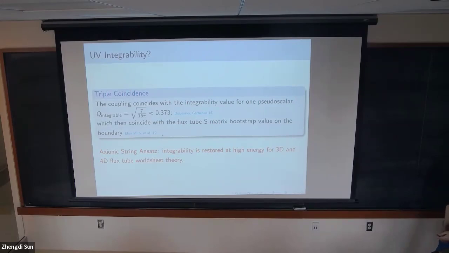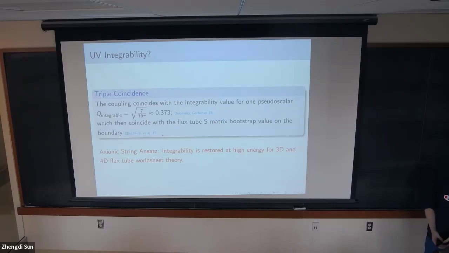That is to say, if you start from the D equals 4 worldsheet theory, that is with two massless Goldstone bosons, and you ask how to make this theory integrable, well, with only two massless particles, it's not integrable.